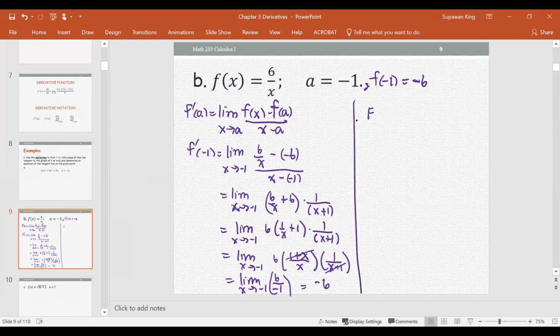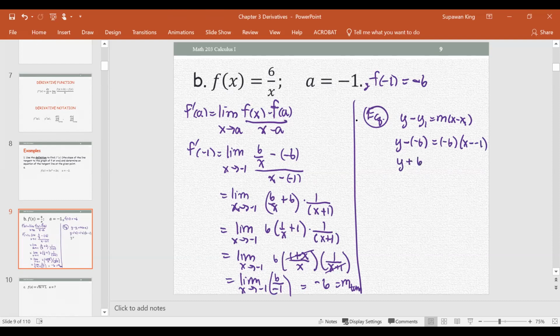Next, we find the equation of the line. For the equation of the line, we use the formula y minus y1 equals m times x minus x1. Y minus y1 is y minus -6. The m, which is the slope that we just found, or m of the tangent, is -6. Multiplied by x minus x1, which is -1.